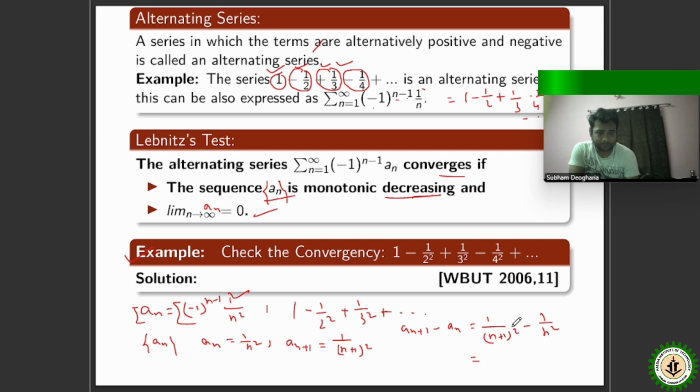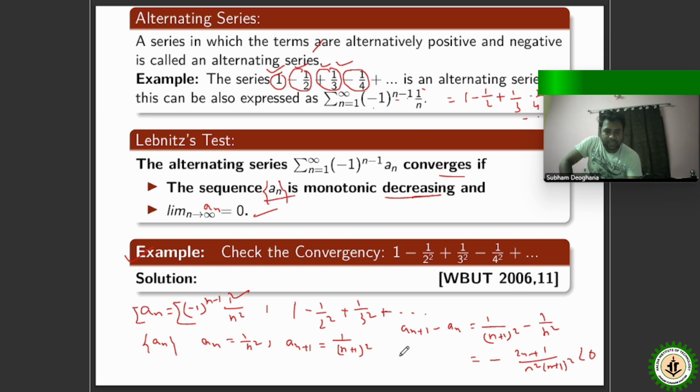This will give minus of (2n+1) by n squared into (n+1) squared. This is negative because n is positive here.